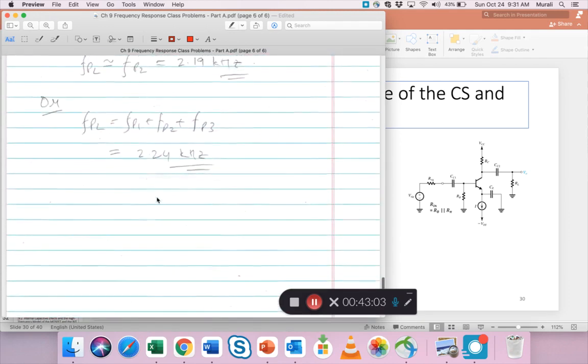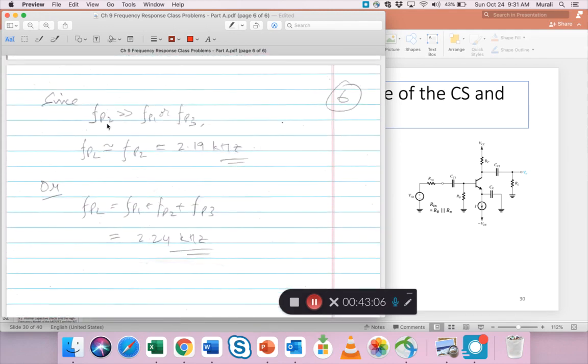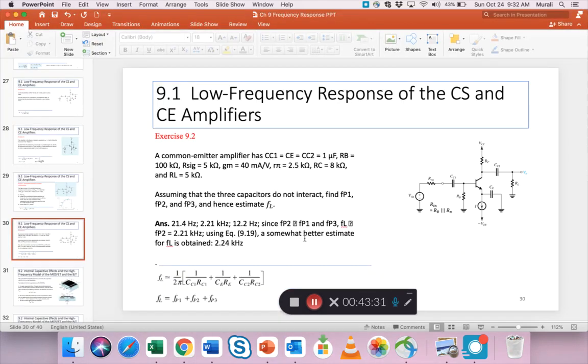So if that is the case, then you can just take that FP2 to be your minus 3 dB frequency, FL, or in case of BJTs, we have this other formula where you add the 3 and you get somewhat of a more precise value for the frequency. So there's 2.19 or 2.24, they're slightly different from each other, not too different, but that is what he's telling us here. Since FP2 is much greater than FP1 and FP3, FL can just be FP2.